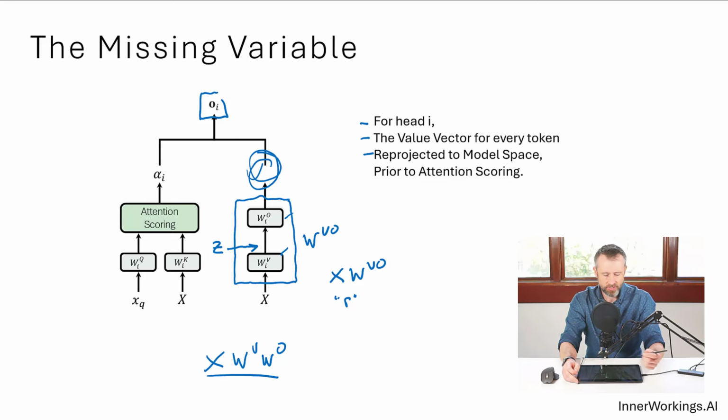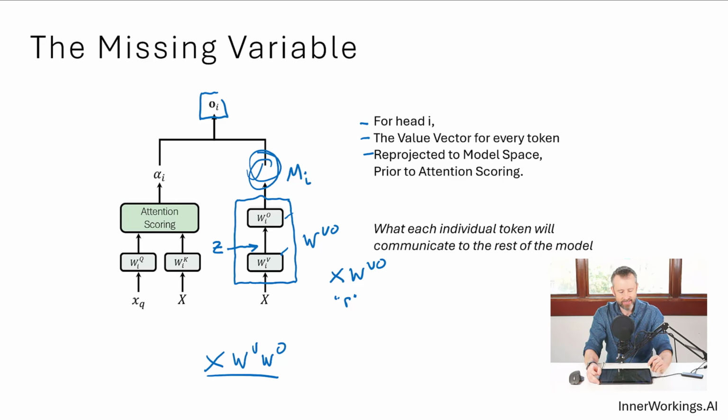And it hasn't had attention scoring applied yet. So this variable is m_i. It is the set of messages that the tokens in the sequence want to send to the rest of the model through this head.